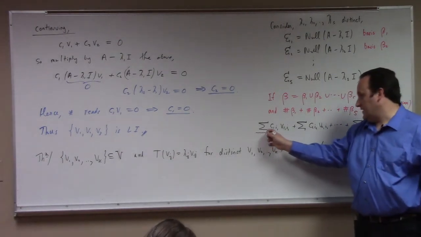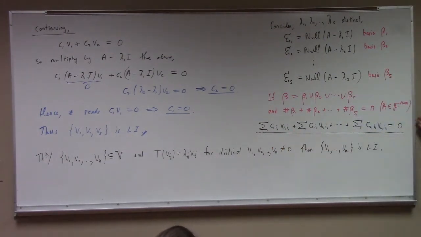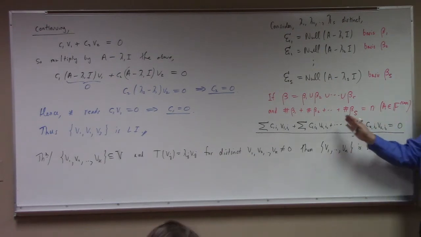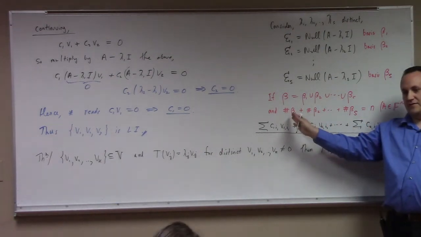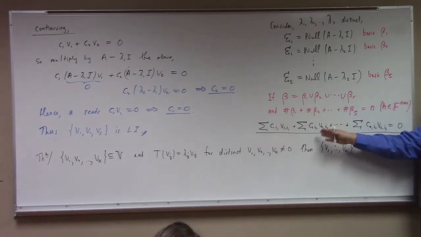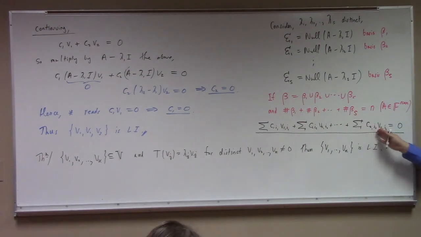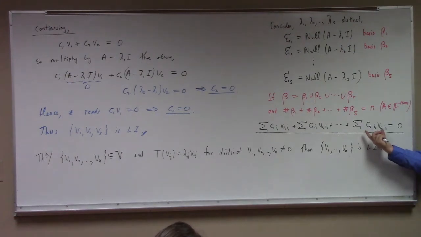So what I'm envisioning here is a linear combination where I'm writing the first linear combination coming from the first basis, the second from the second basis, all the way out to the s-th from the s-th basis, right? So to kill off everything in this sum except for the last sum, what would you do? How would you annihilate all of these?